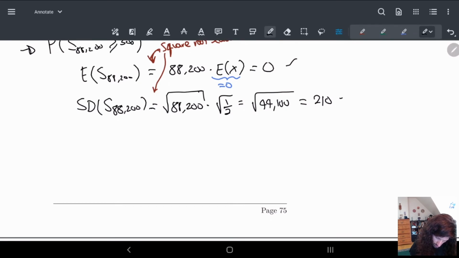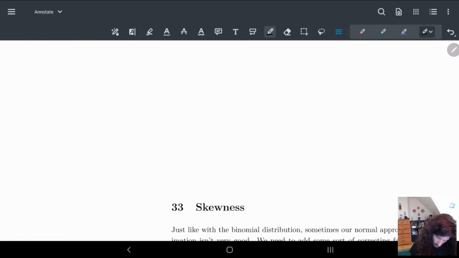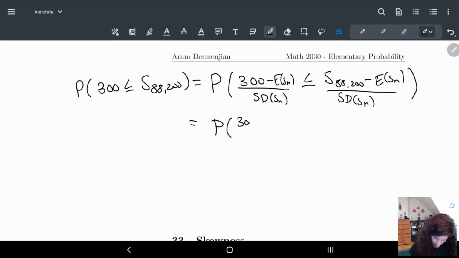So this is 0, and 210 for the bottom one. So we have 300 minus 0 divided by 210 is less than or equal to our variable, and then this is less than or equal to infinity.